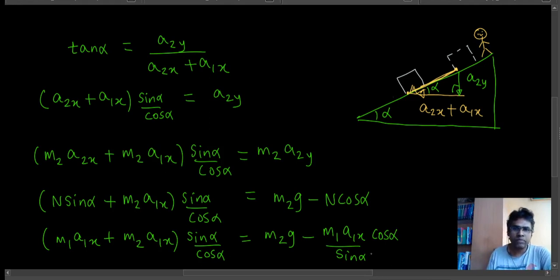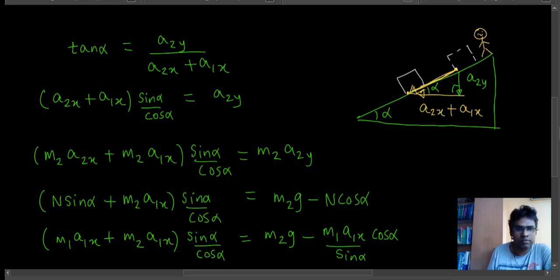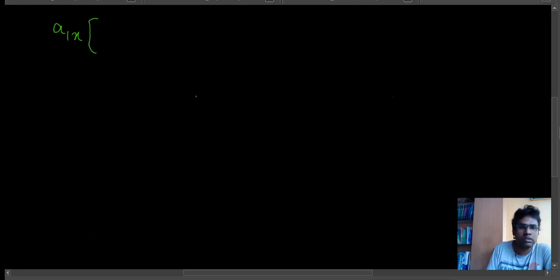If you take all these a1x terms to the left hand side, I have a1x and then (m1 plus m2) multiplied by sine alpha upon cos alpha.